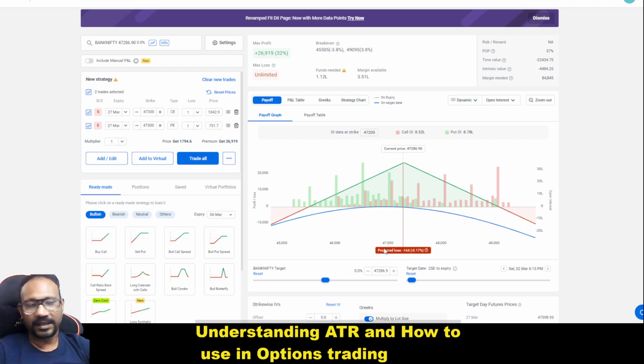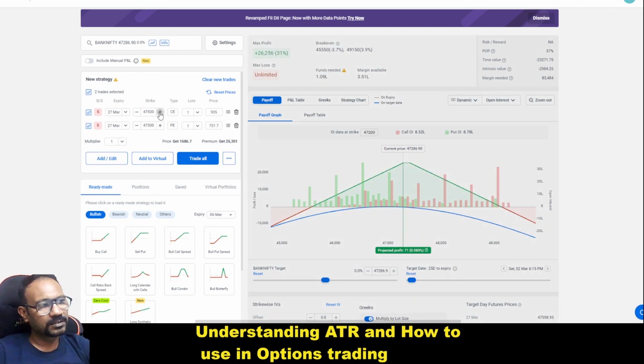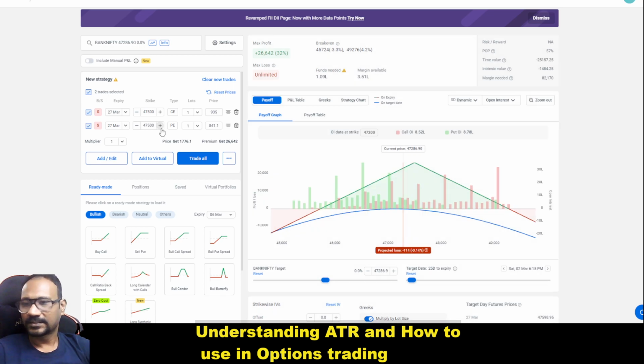Since I expect the market to go further higher and wanted to keep some sort of bullish wave, I can shift the straddle by 200 points maybe. Like this I can create. So in this case, again, I'm collecting 1800 points almost.